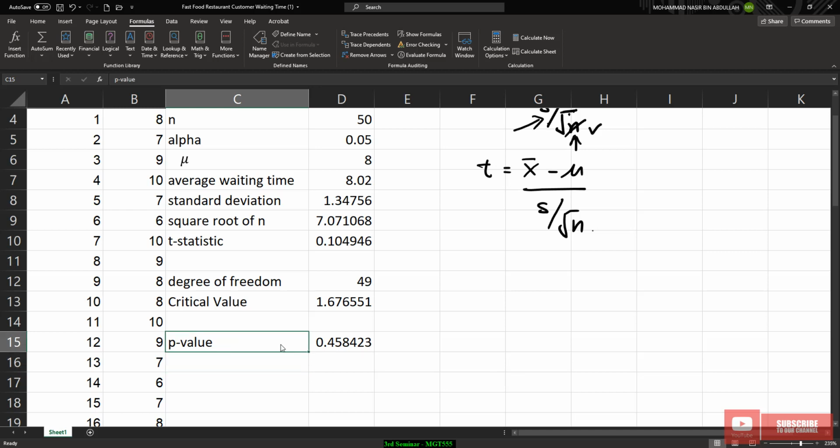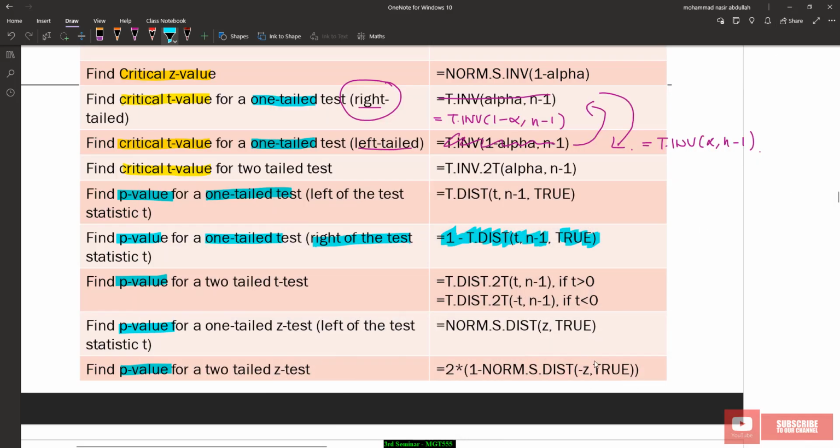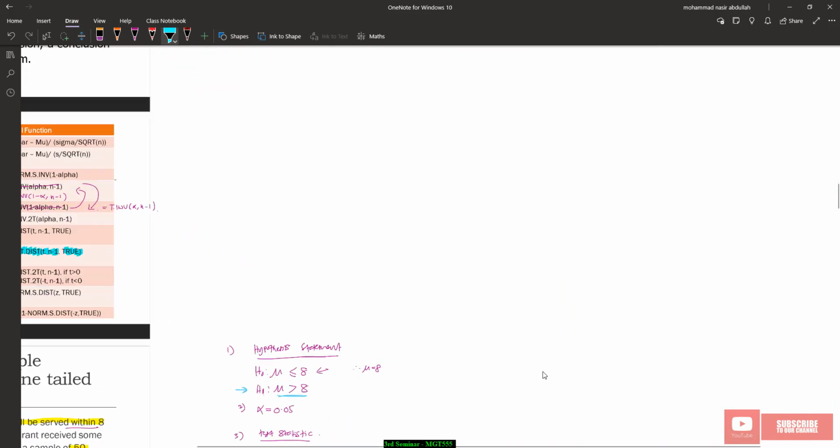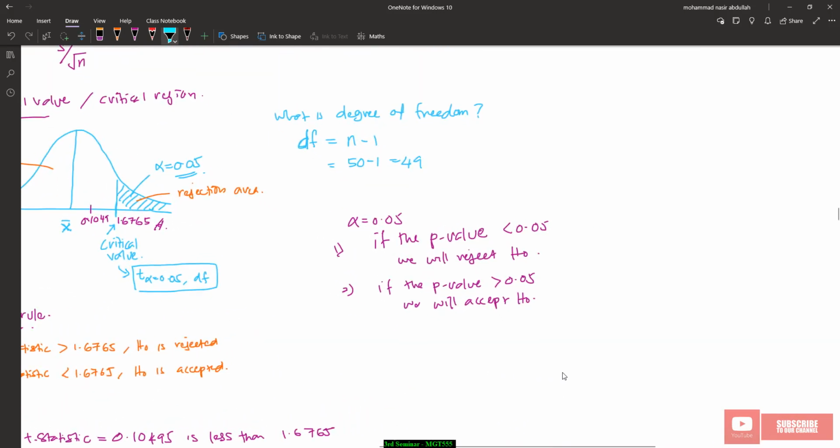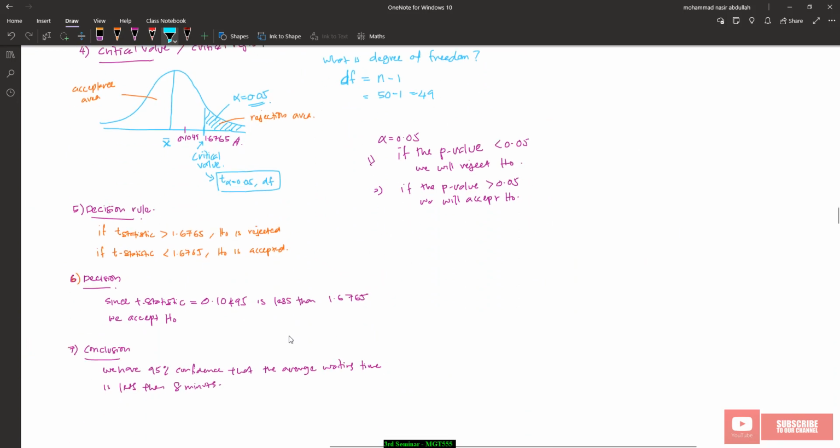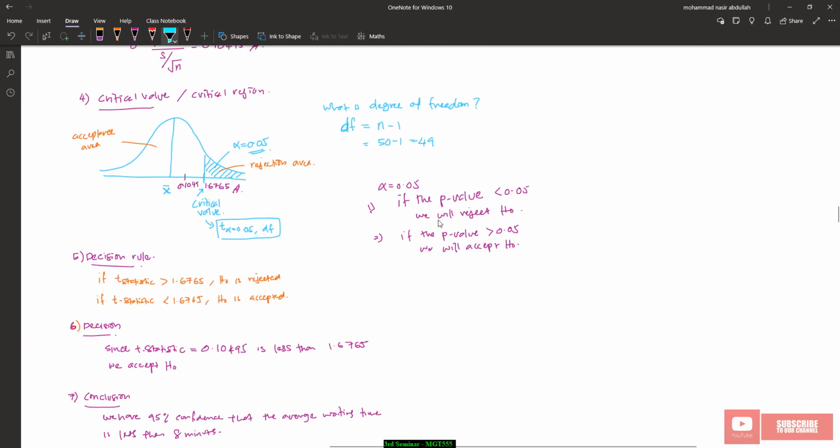So now kita nampak kat sini p-value is 0.4584. Dekat sini benda yang sama juga, cuma dia lebih shortcut berbanding dengan critical value.